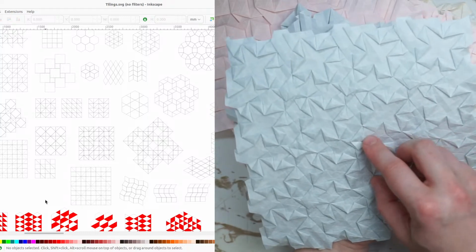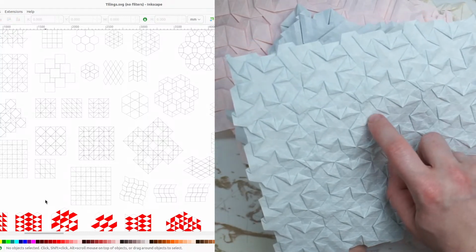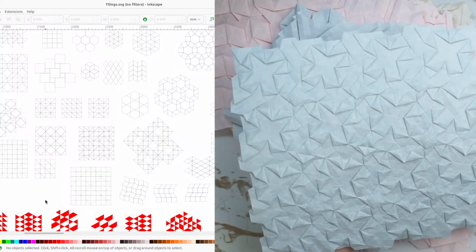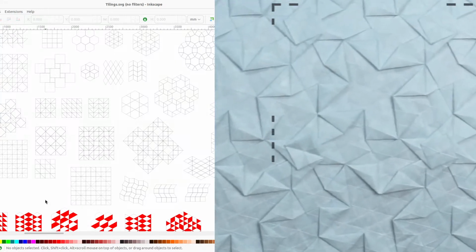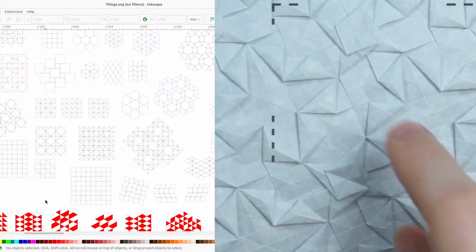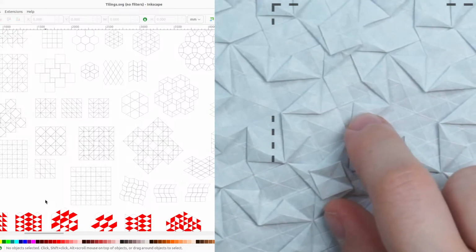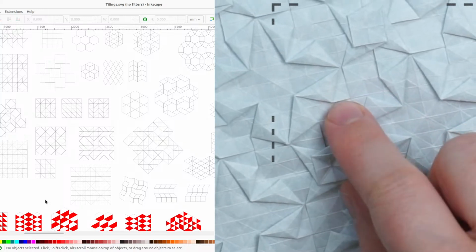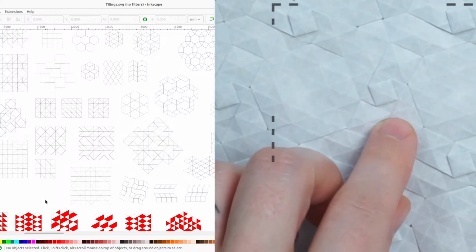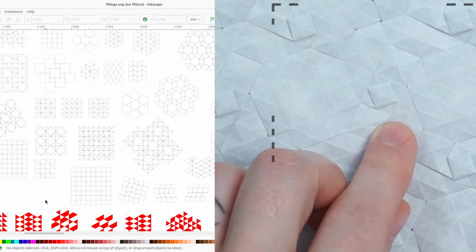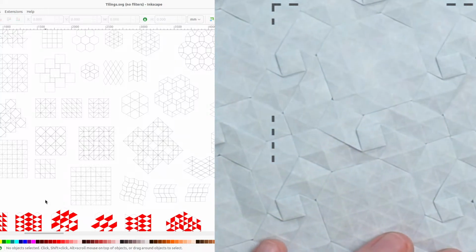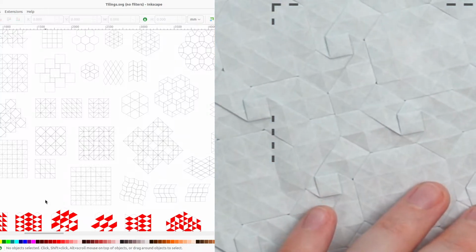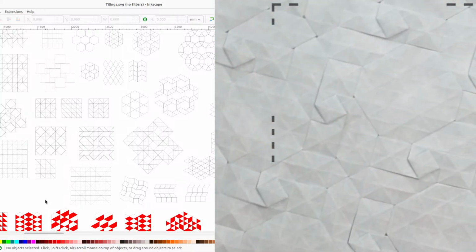And we have these closed holes, and let me zoom in a bit on that. We have these closed holes where the pleats are going up and down, left and right, meaning that that's a closed square on the back. We can see a little bit more here on the back side of what's going on.